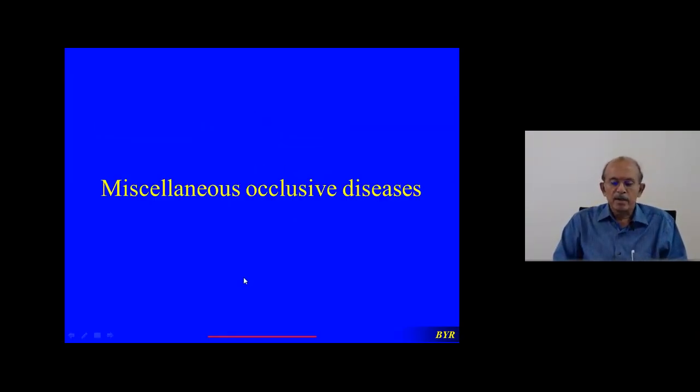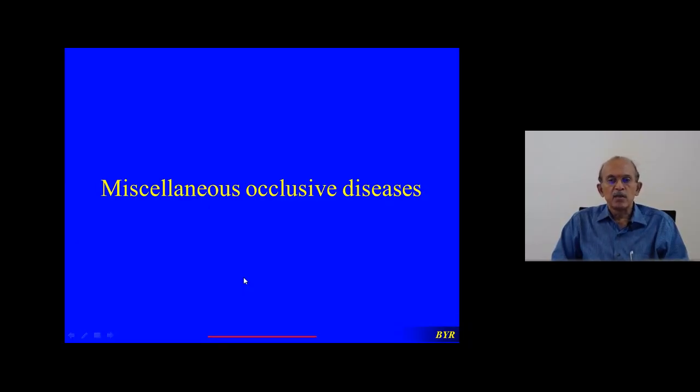So that is about Raynaud's disease. Then miscellaneous occlusive arterial diseases. Any doubts in Buerger's disease or in Raynaud's? Because these are two important topics. Raynaud's will be given in the theory examination.